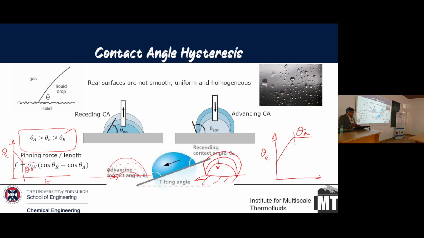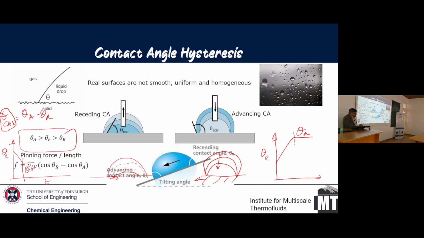If I have this droplet and it started moving, having departed from its equilibrium position, how much energy or force is required? It's basically sigma LV times the difference between the advancing and receding contact angles. The difference, theta A minus theta R, is the so-called contact angle hysteresis.